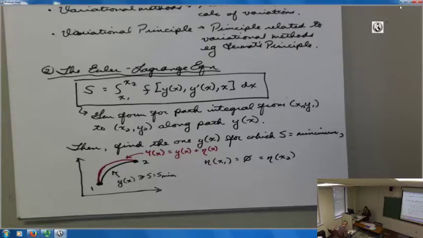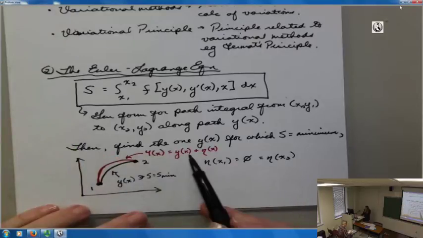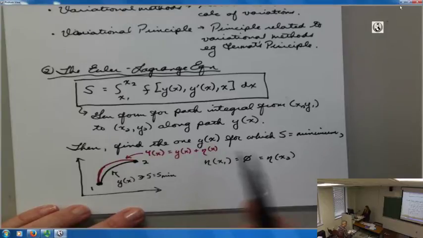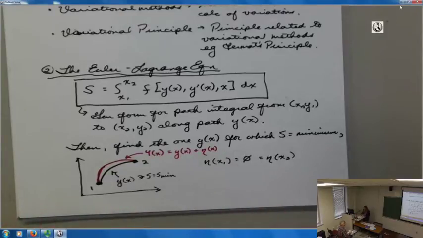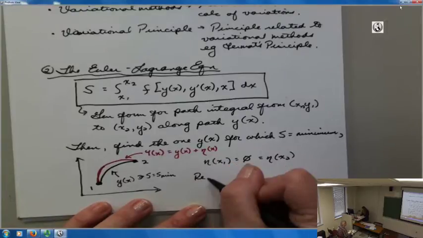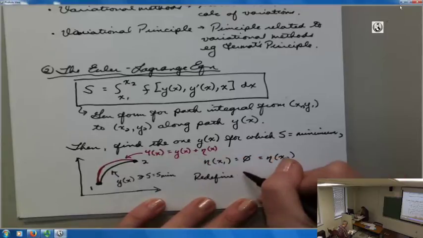Then I'm going to make a small change and turn on this eta with something I can call alpha. I'm going to tweak what I've done so far and redefine my other path.